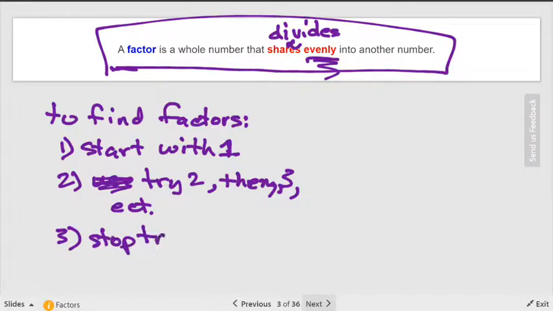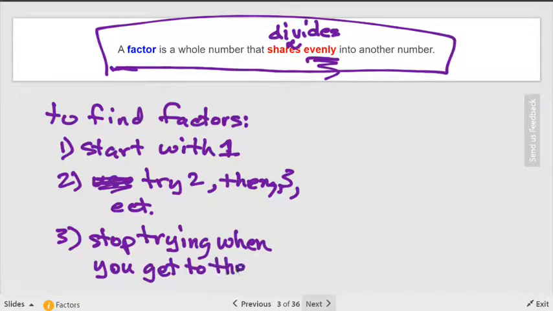Stop trying when you get to the number itself. Write that down and then we'll talk about it. So start with 1, then try 2, then try 3, then try 4, etc. And you stop when you get to the number itself.